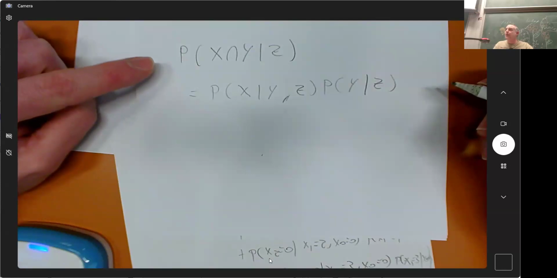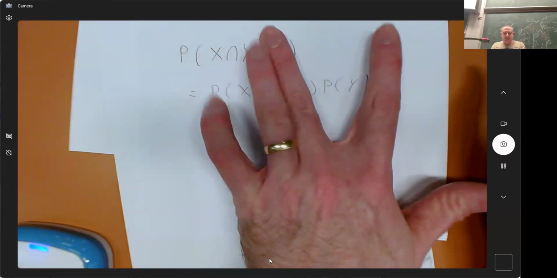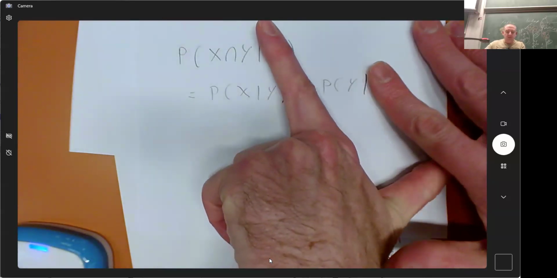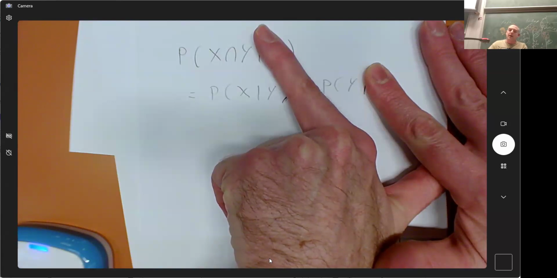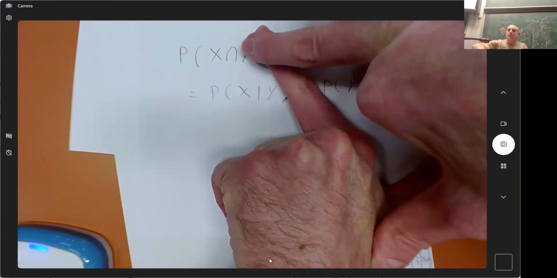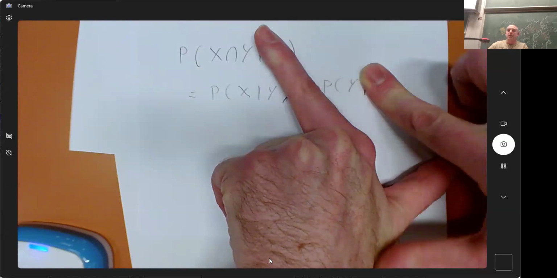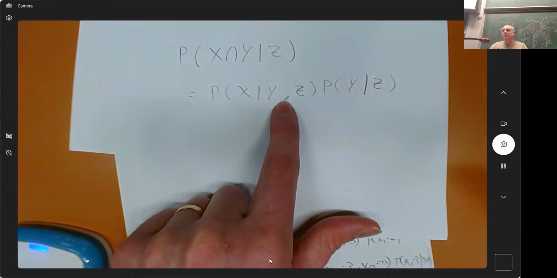That's the rule. Yeah. So without the given z's, it's the traditional version of how you get intersection from a tree diagram. Yeah. You go to y first, and then you go from y to x. That produces x and y at the same time. And they're both given z, and so that given z just attaches to the given.